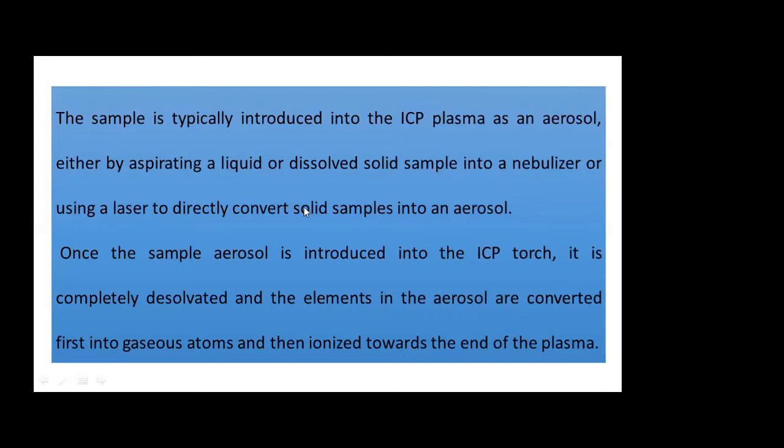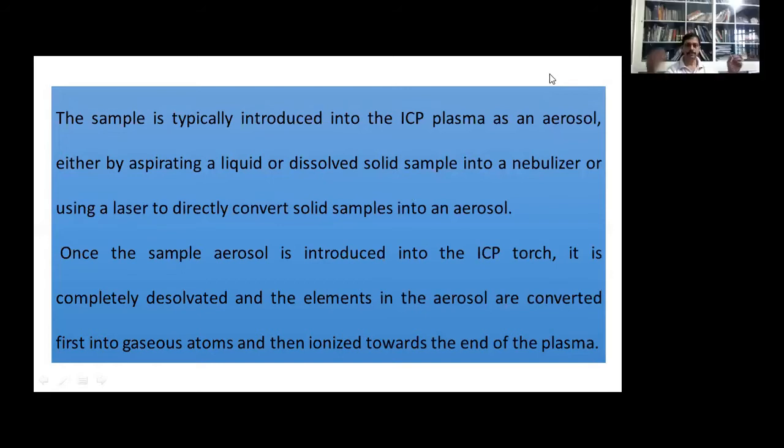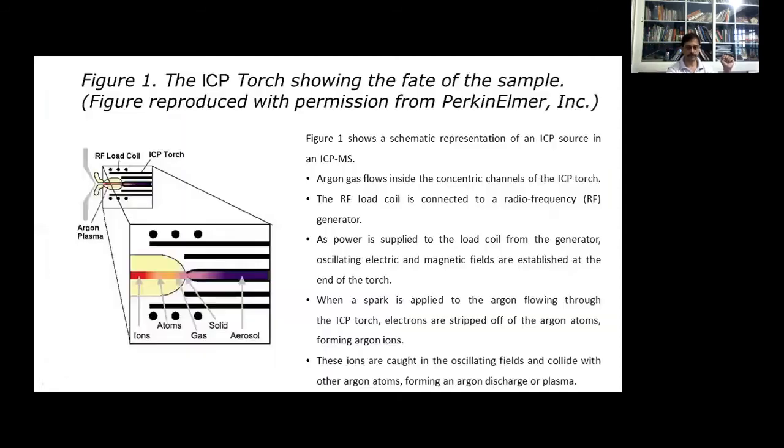Once the sample aerosol is introduced into the ICP torch, it is completely desolvated, and the elements in the aerosol are converted first into gaseous atoms and then ionized towards the end of the plasma. So at one end of the tube, the aerosol is introduced. As you can see in this picture, at this end, aerosol is introduced.